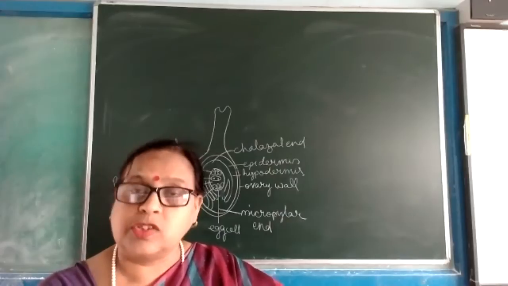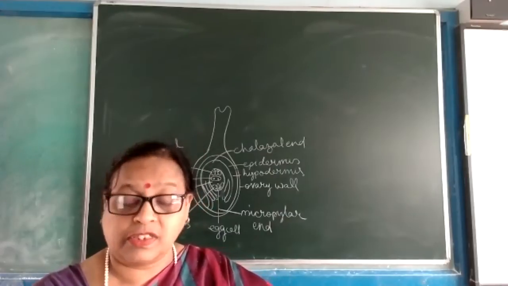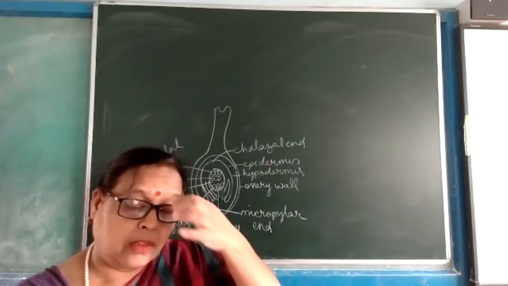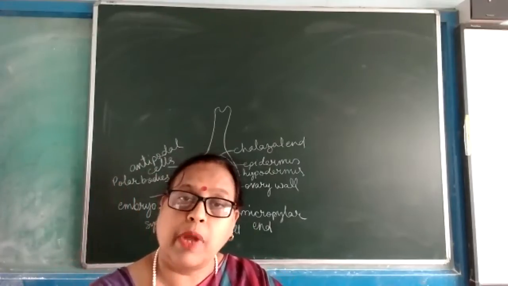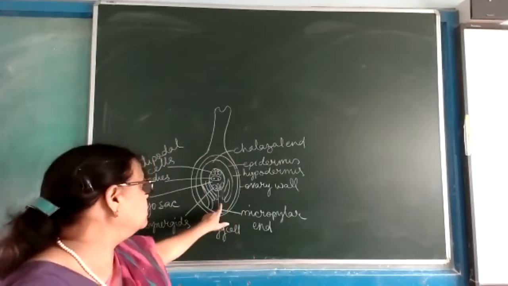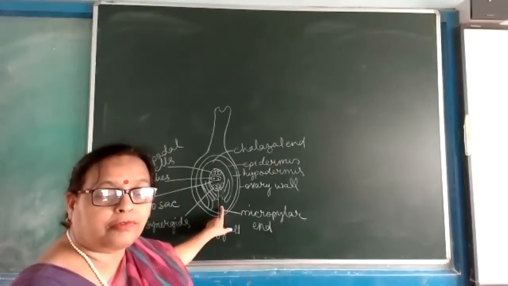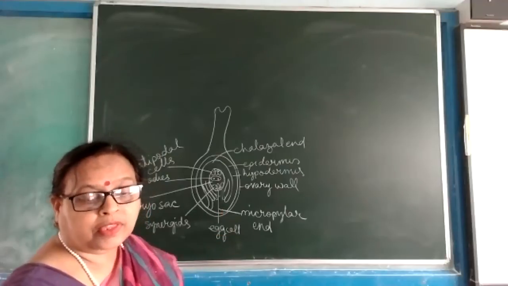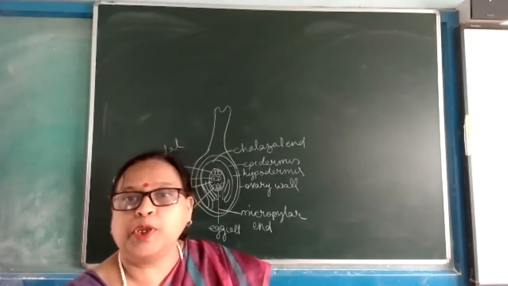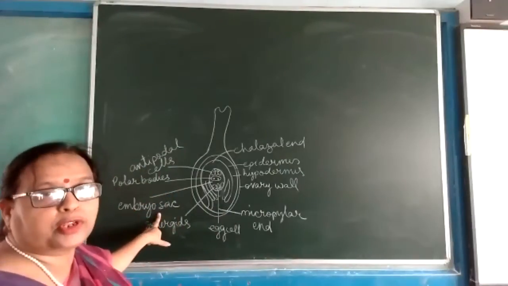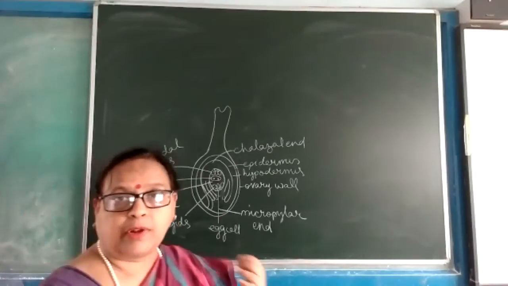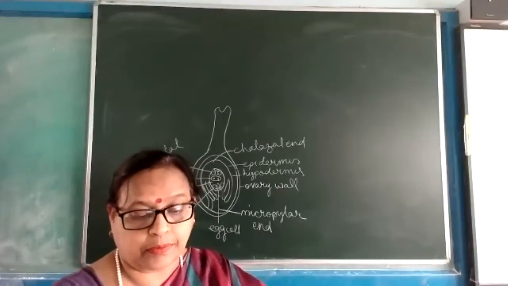And it will start germinating when it falls on the stigma, and it carries the male nuclei towards the micropylar end of the female gametophyte. The female gametophyte will be the embryo sac, and the pollen grain will be the male gametophyte.